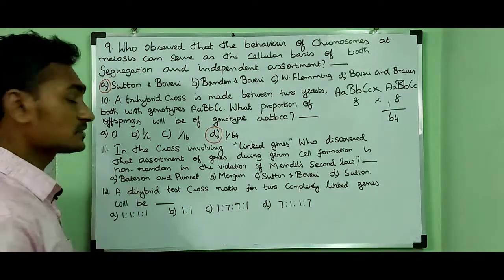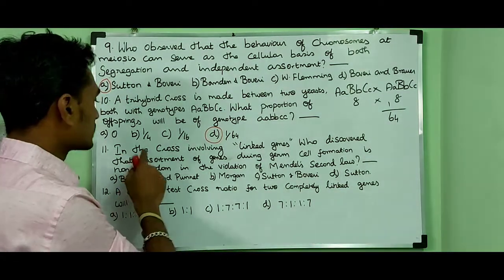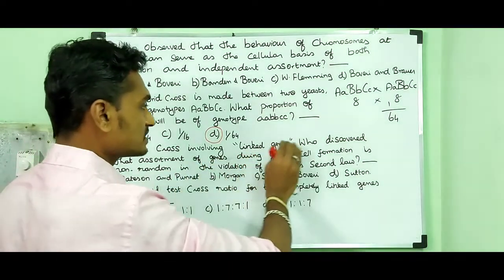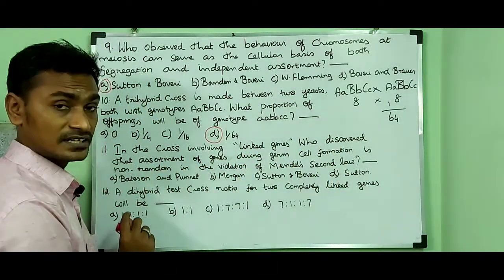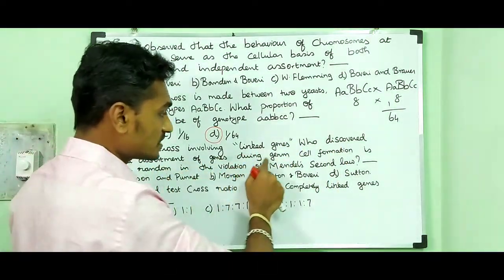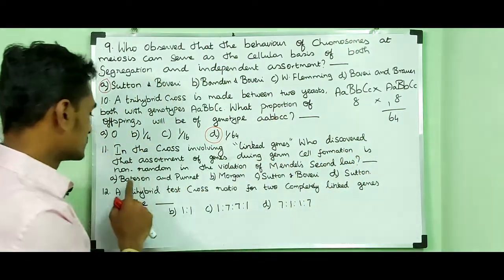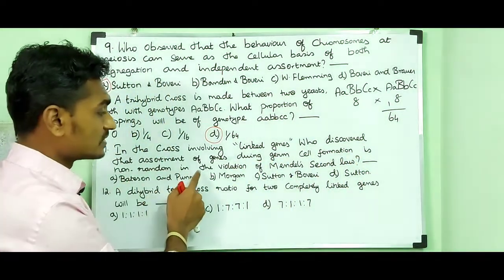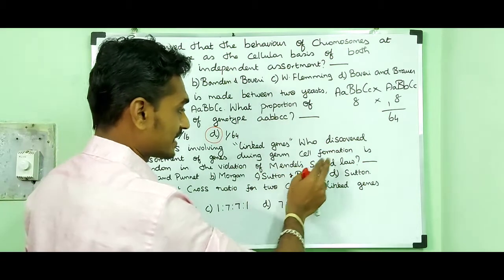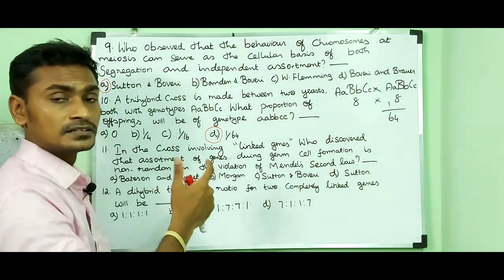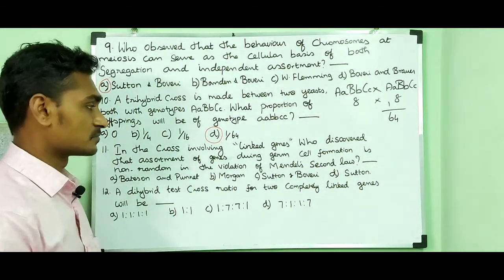Then the 11th question: in the cross involving linked genes, who discovered that assortment of genes during germ cell formation is non-random, in violation of Mendel's second law? Mendel's second law means the law of independent assortment.